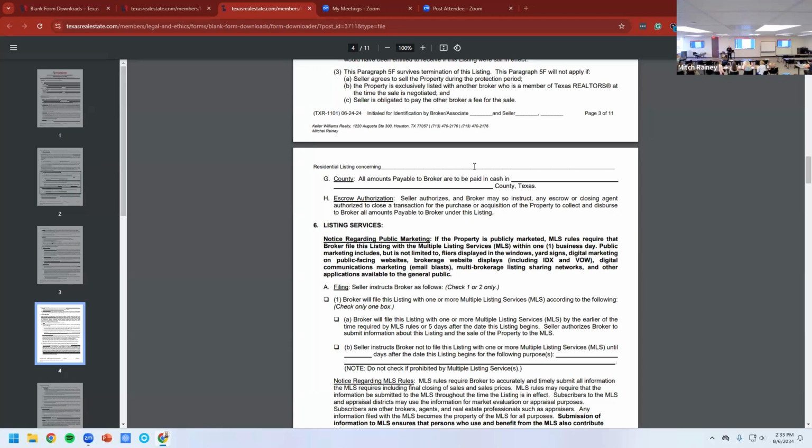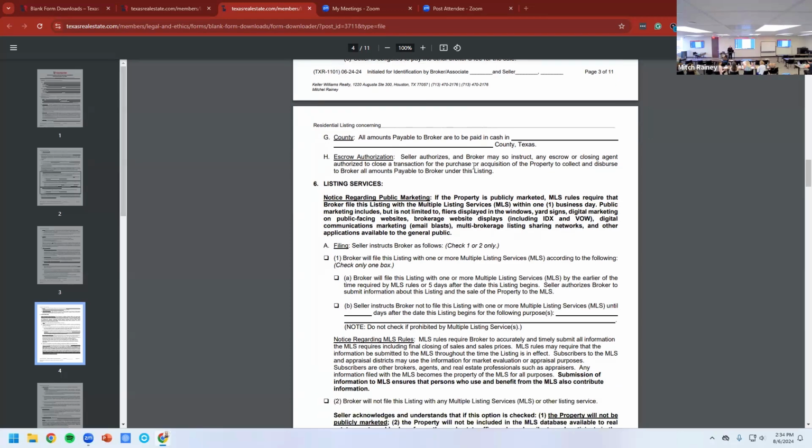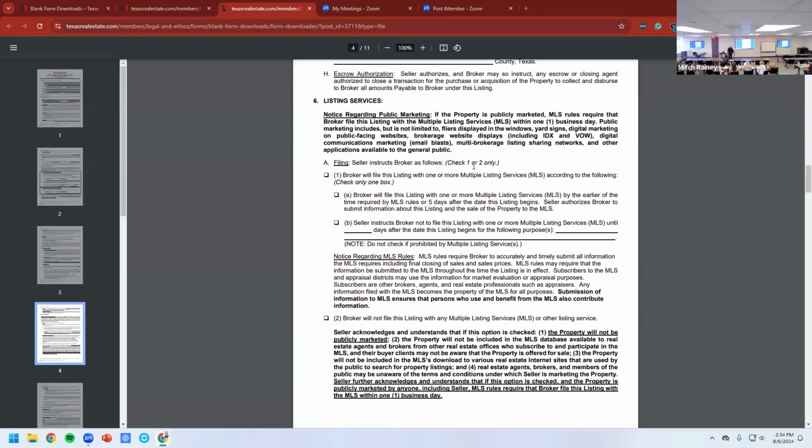And we have an in-house attorney that will write a letter. So this letter F, if you calculate expenses in case that you don't sell the house or they terminate, right? Yes.